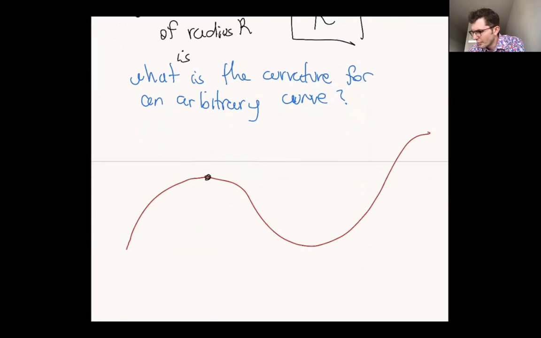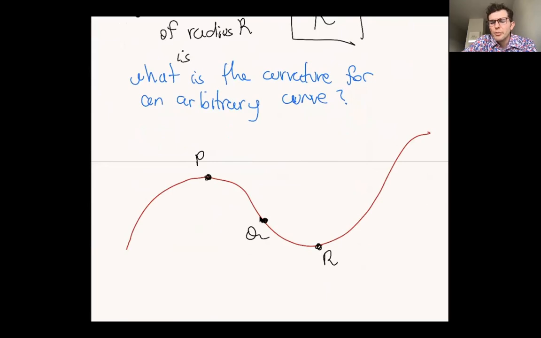Maybe you have a point here P, a point here Q, a point here R. Along Q, the curve looks more like a straight segment, and you would like to say that segments are not curved.